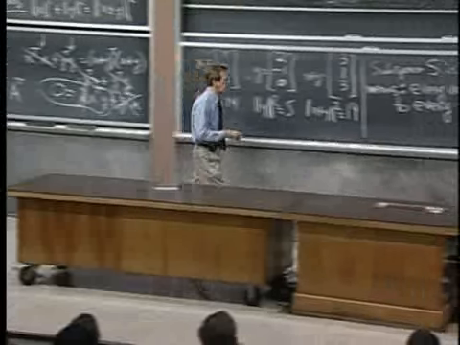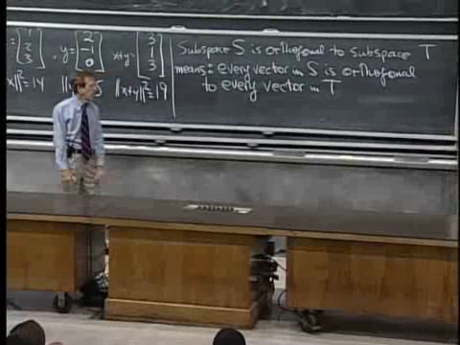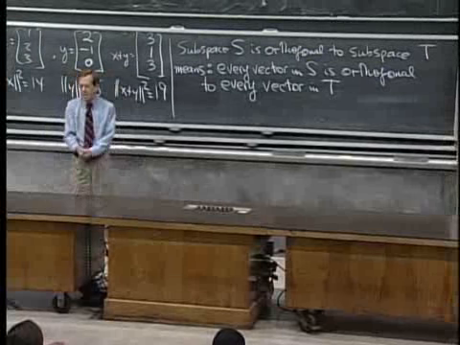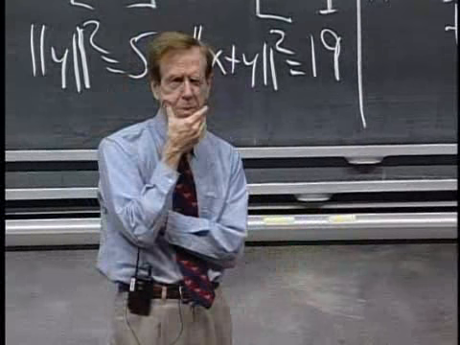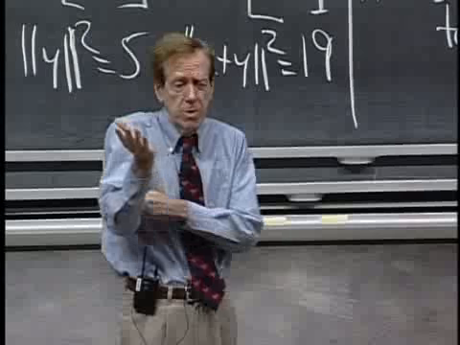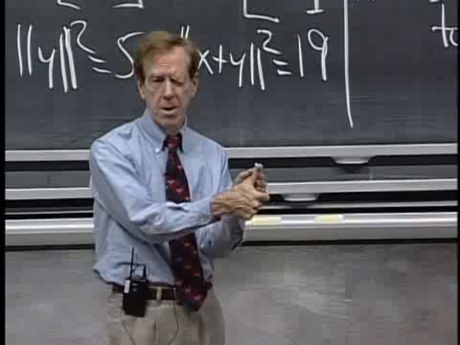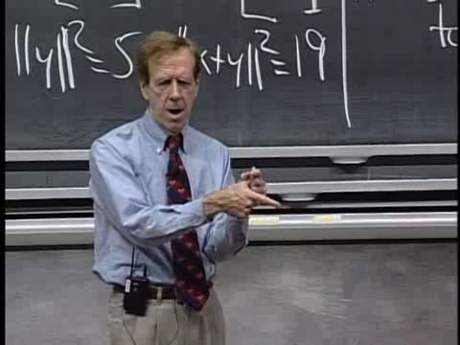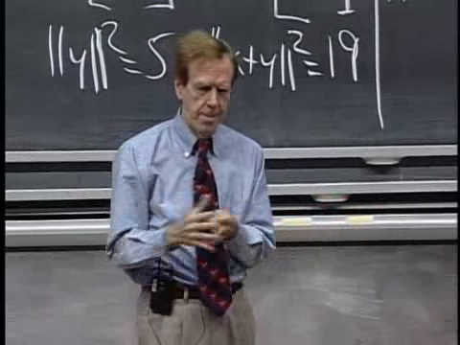Let's say in the plane. When do we have orthogonal subspaces in the plane? There aren't that many different subspaces in the plane. What have we got in the plane as possible subspaces? The zero vector, real small, a line through the origin, or the whole plane.